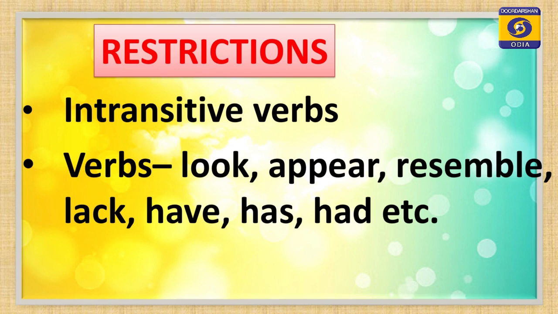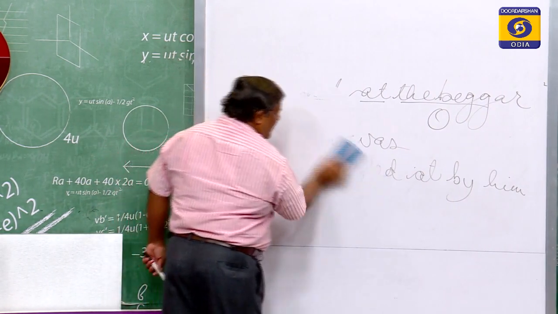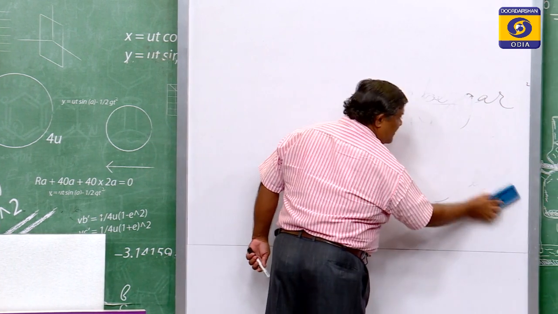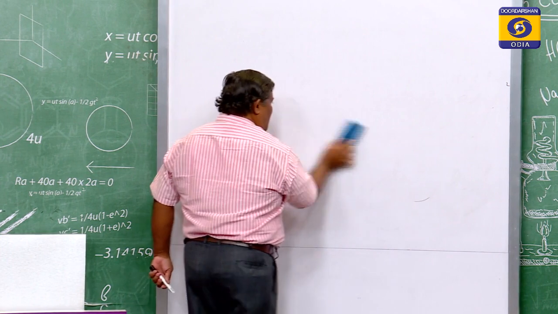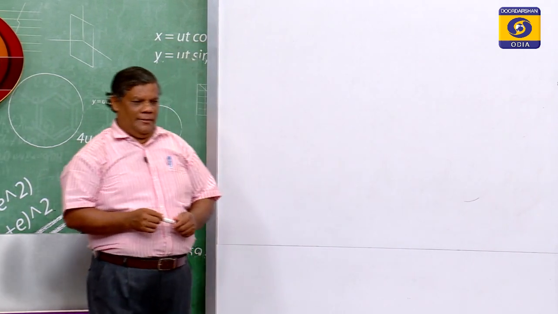Now come to the certain restrictions. You see, there are certain restrictions, because we can't make all sentences passive. What kind of sentences can't be made passive? We have already discussed these things. Now we are going to sum up the things for your recapitulation of the matter.